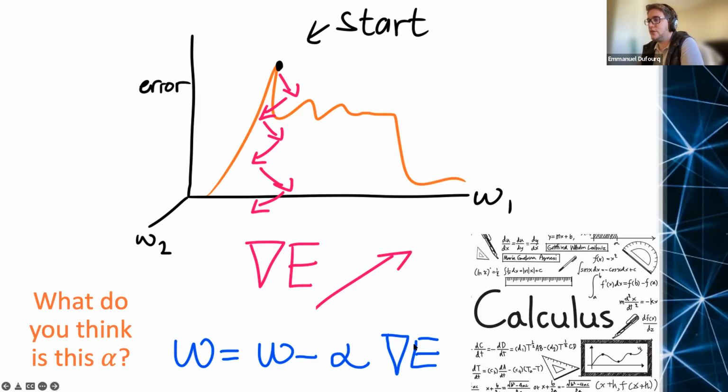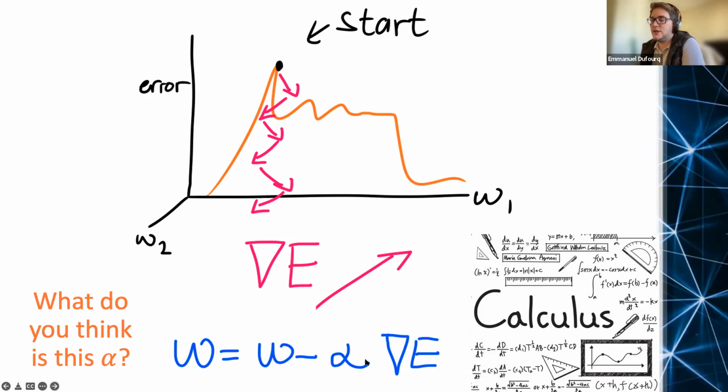I can give you great resources, but for this series of lectures I don't want to, because otherwise we're going to spend many hours just discussing this. So we take our old weight and then we subtract a learning rate times this gradient.